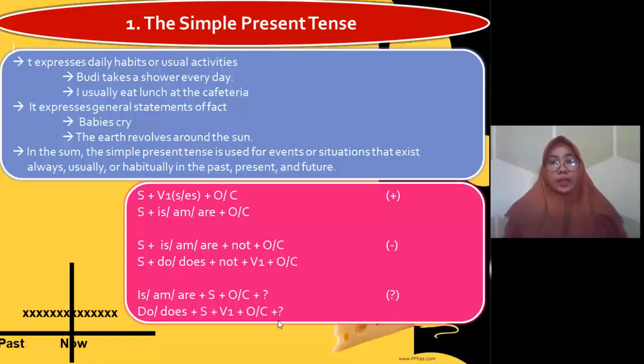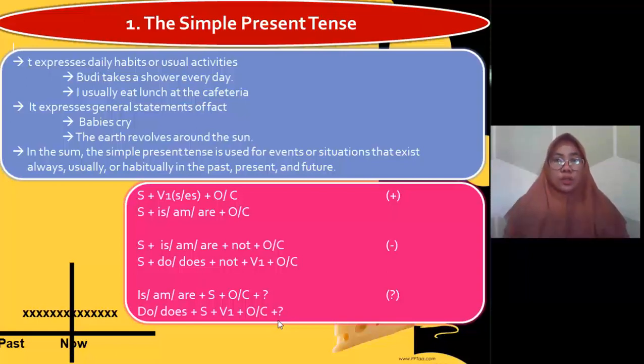And for the negative, for example: Putri does not come to Miss Chika's house every day. We use does for our sentence because the subject is she, or Putri. And for the interrogative, we can use does and change the position to the front of the sentence: does Putri come to Miss Chika's house every day?